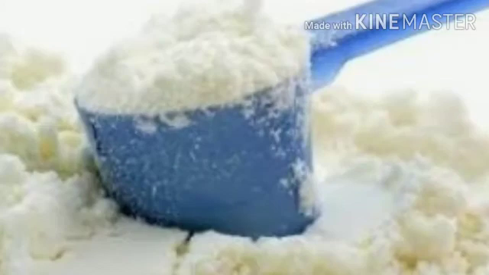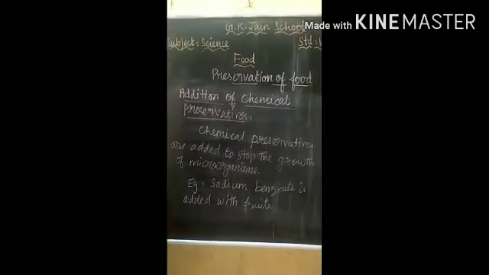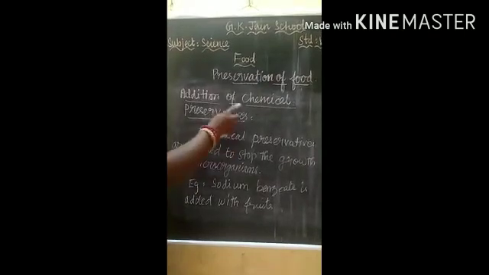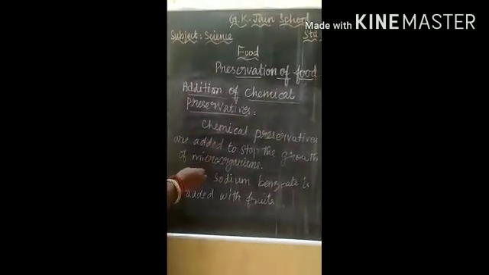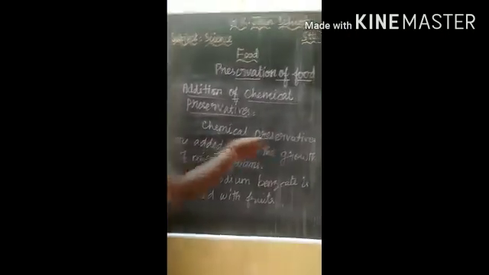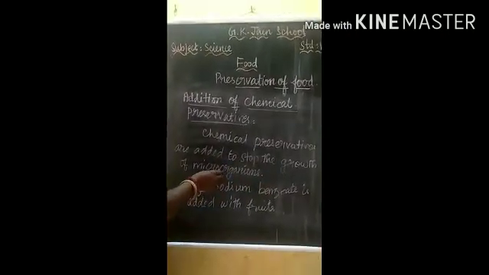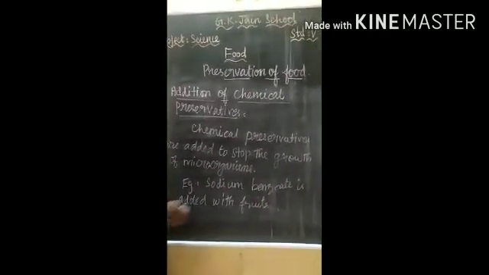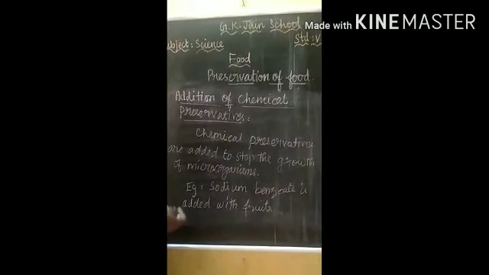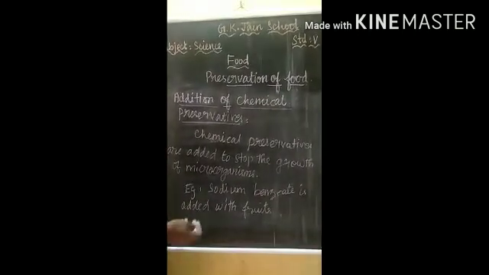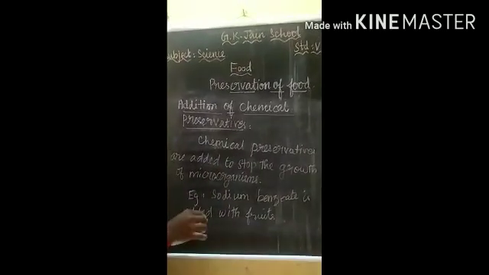The next method is addition of chemical preservatives. That means we add chemical substances to the food materials. The chemical preservatives are added to stop the growth of microorganisms like bacteria, yeast and fungi in the food materials.